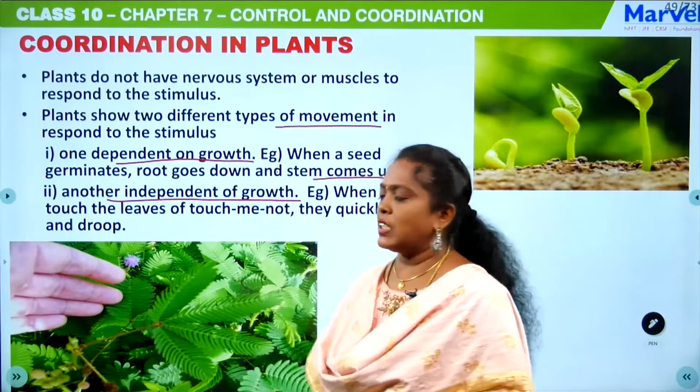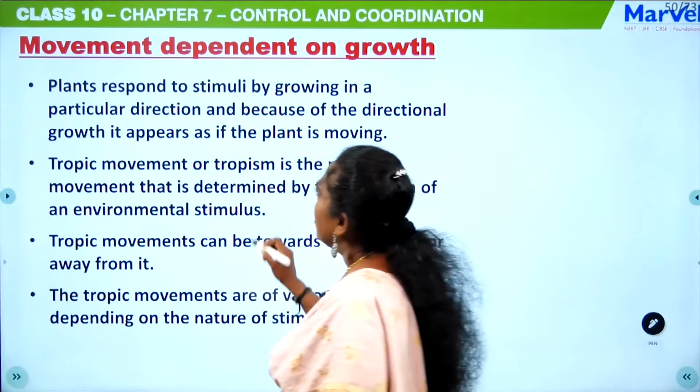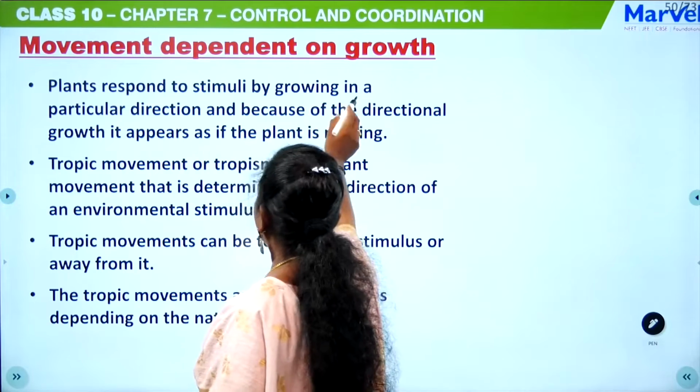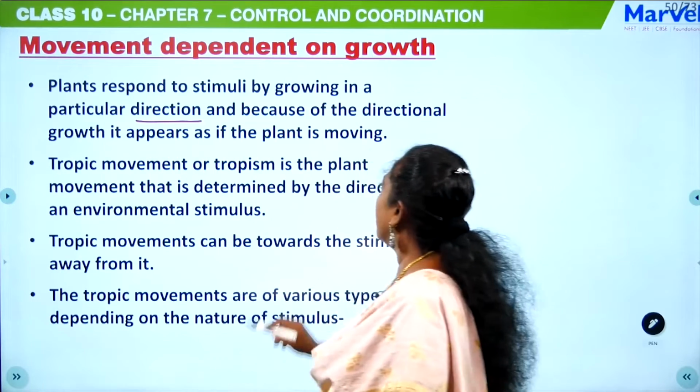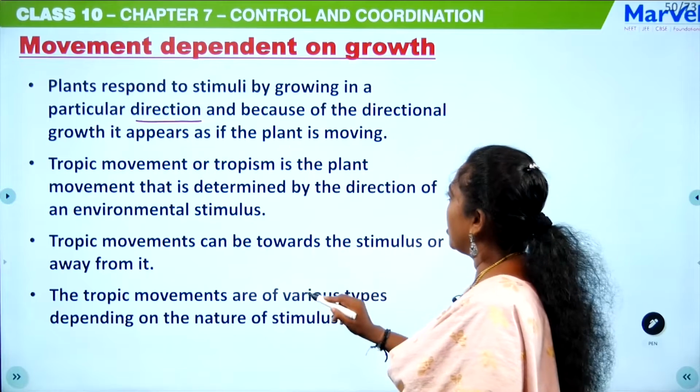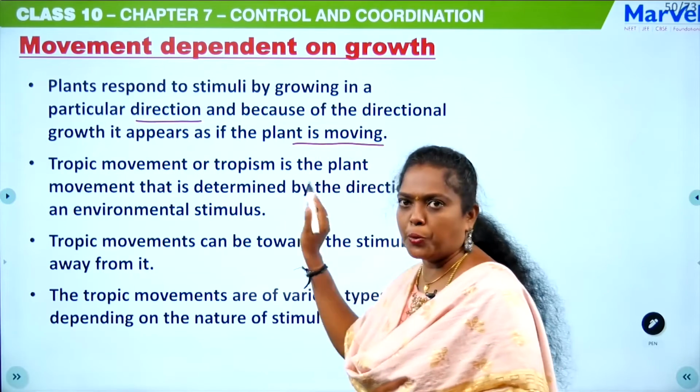First we will see dependent on growth. The plant responds to stimuli by growing in a particular direction, and because of the directional growth it appears as if the plant is moving.